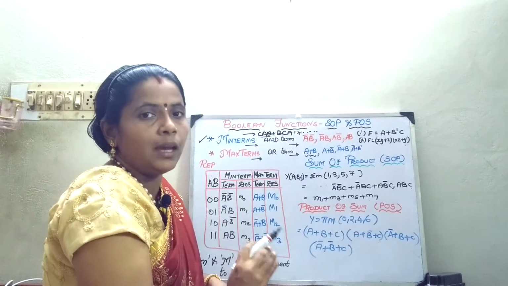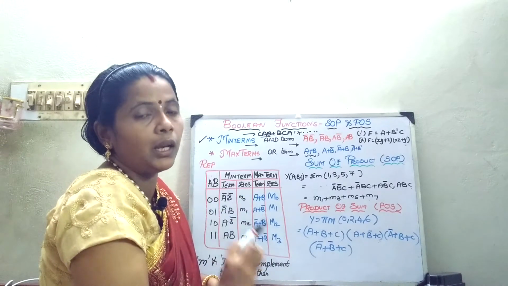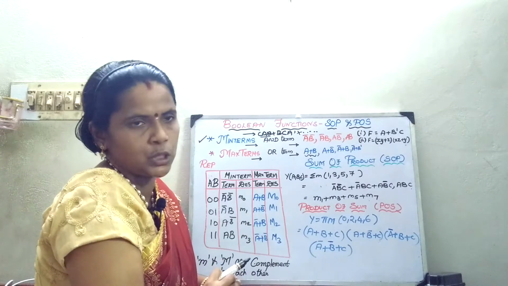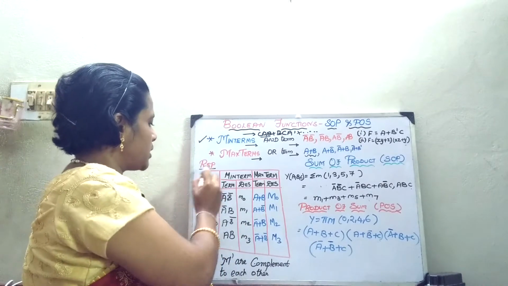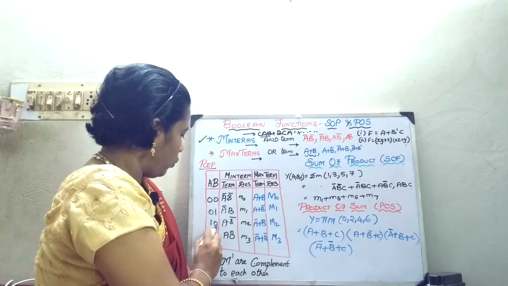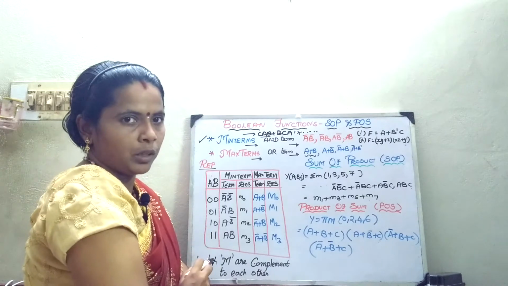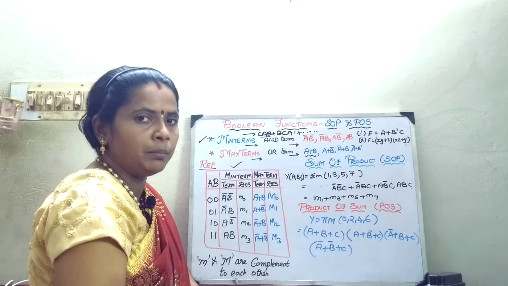Now we will see how to write this designation, how this term will appear and how it is going to be used. For example, I have taken a two variable representation. For AB, you will have four combinations: 0 0, 0 1, 1 0 and 1 1. First we will see how to incorporate in terms of min term expression.